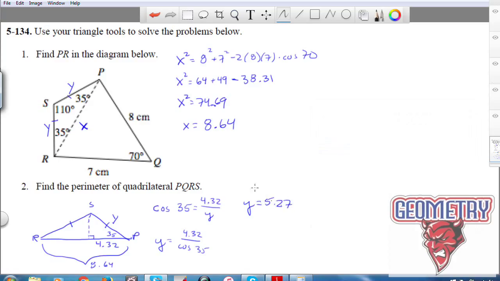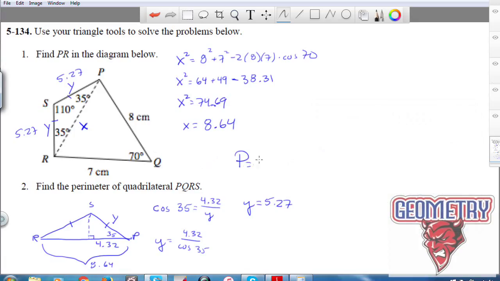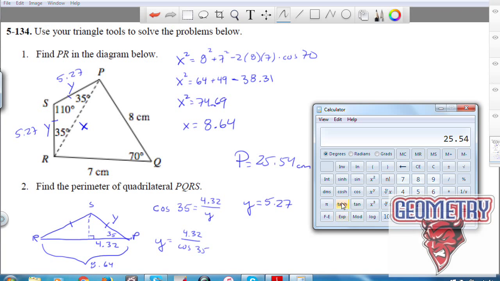Okay, so if this piece is 5.27, that means this piece is 5.27, so our perimeter then becomes 5.27 plus 5.27 plus another 8 plus another 7 for a total of 25.54 centimeters. Okay, so that's our total perimeter there.